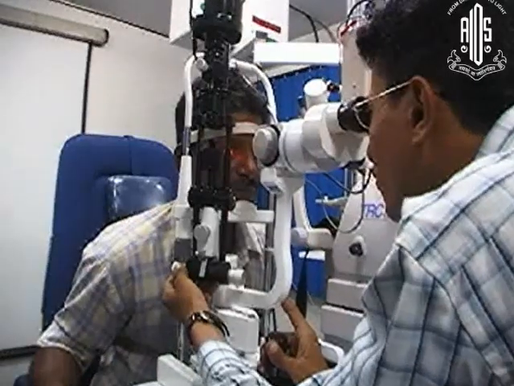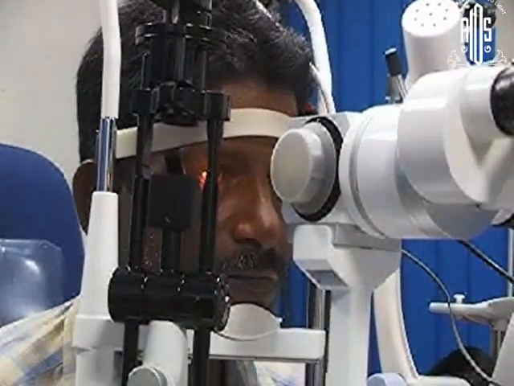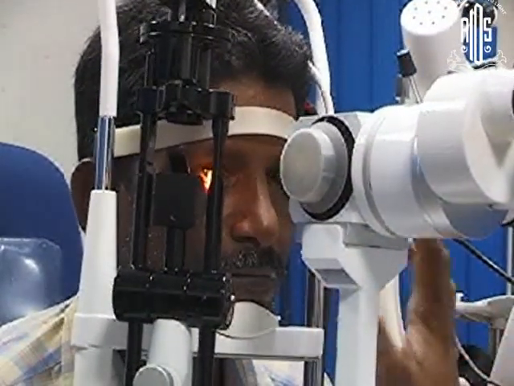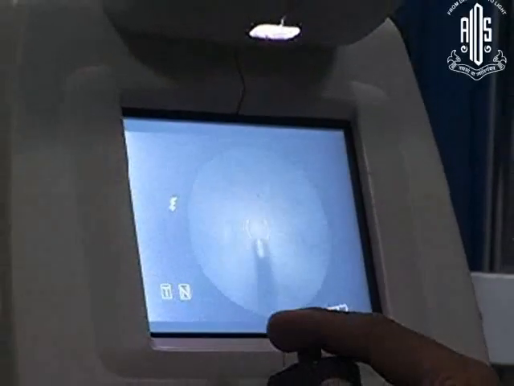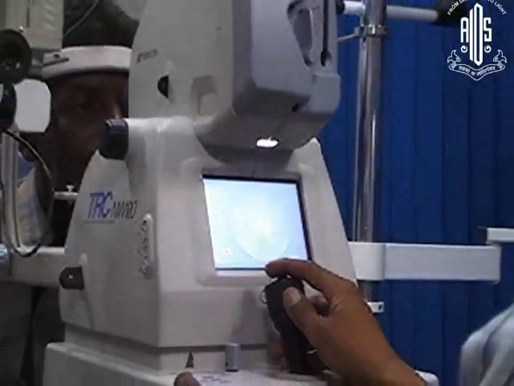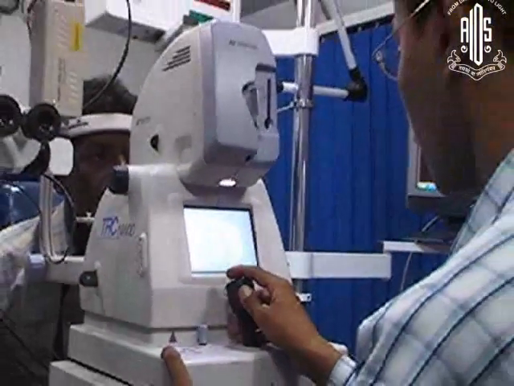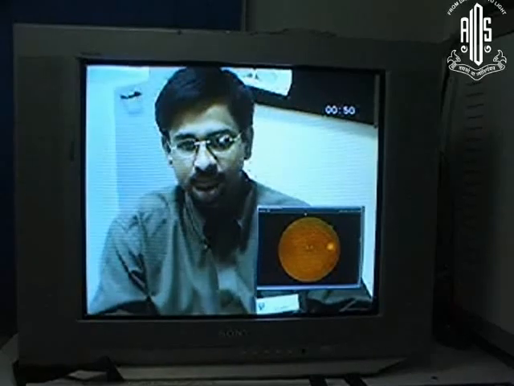So here is a patient who has diabetic retinopathy, so examination is done, vision. This van has all the equipment for anterior and posterior segment examination. Slit lamp evaluation is done by the optometrist, and the photography is taken. That's non-mydriatic, 45 degree single field photography.